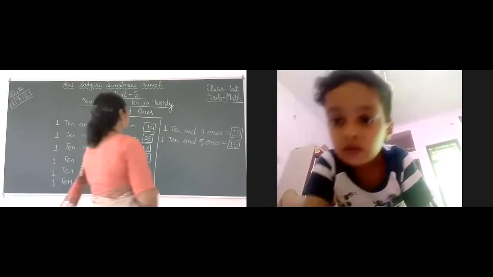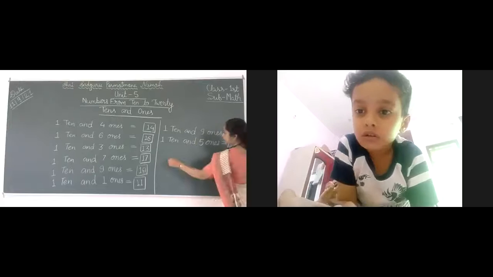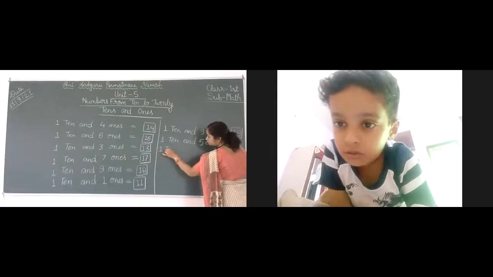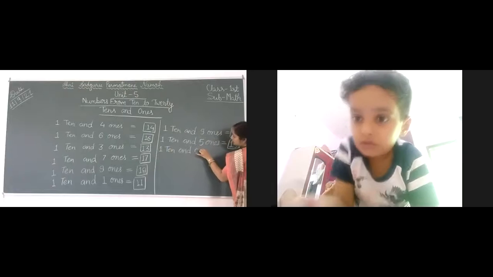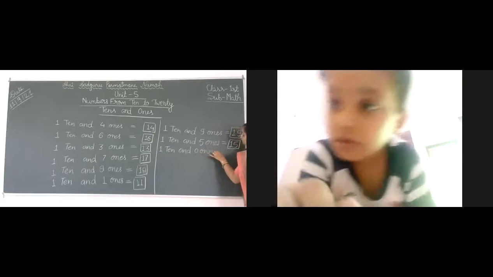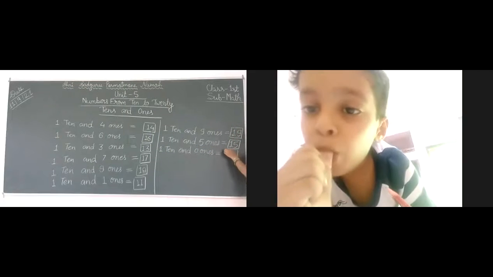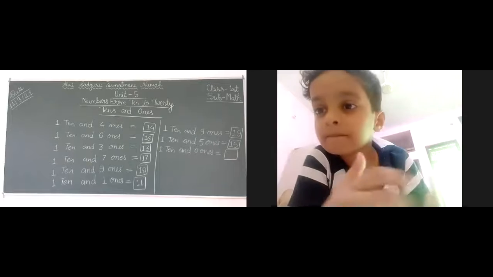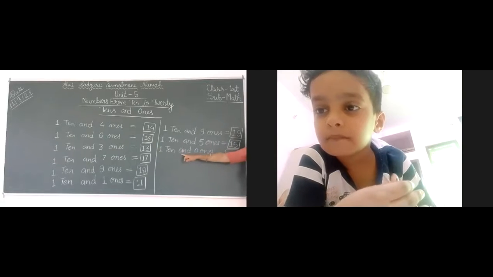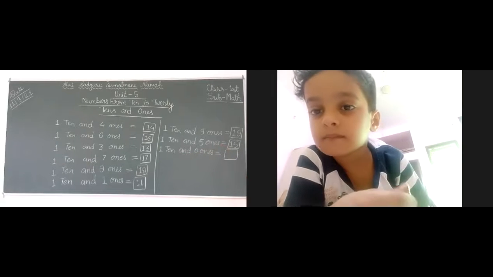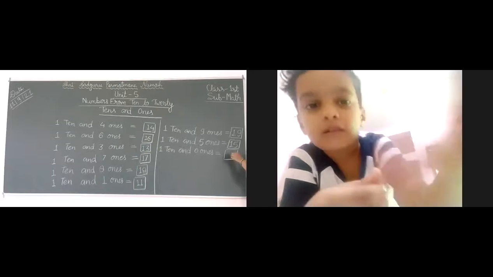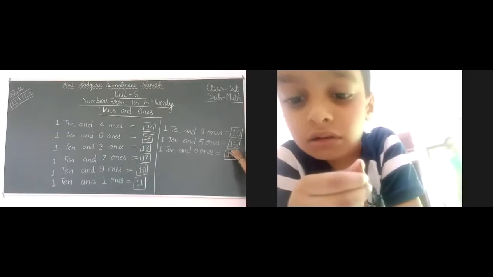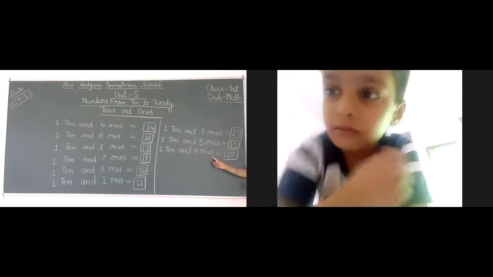Okay. Akshuta, give me answer. 1 ten and 0 ones. Ma'am, 10. 1 ten and 0 ones.